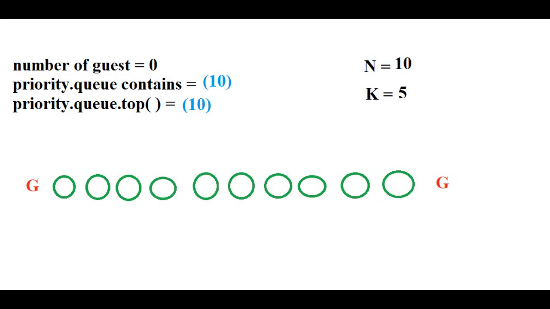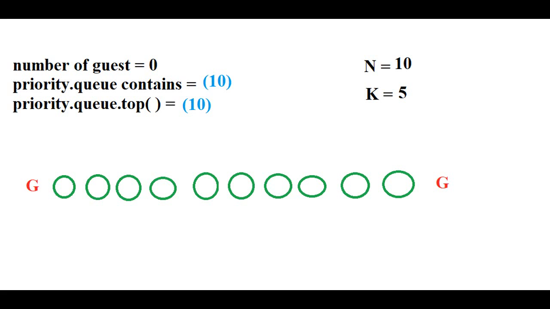Now that we understand how everybody goes to every place and what answer is expected from us, let us look at this problem from an algorithmic point of view. Let's consider the example where we are given 10 bathroom stalls, 2 guards, and where the number of guests will reach 5. We are using a priority queue to solve this problem. We start by pushing the number N in it, that is the number of free consecutive bathroom stalls.